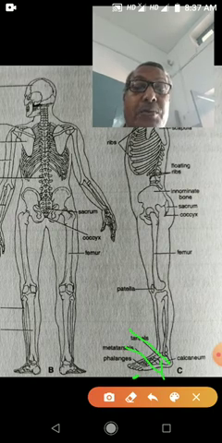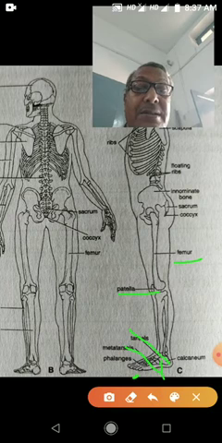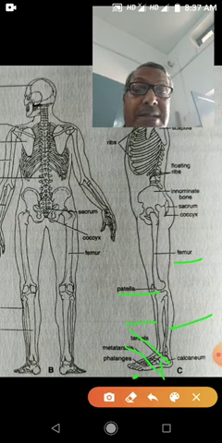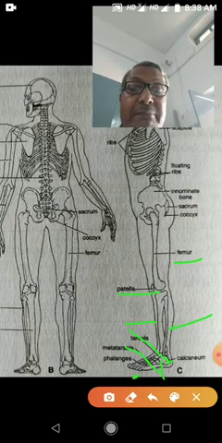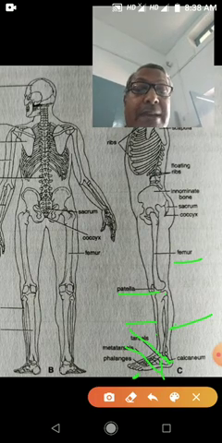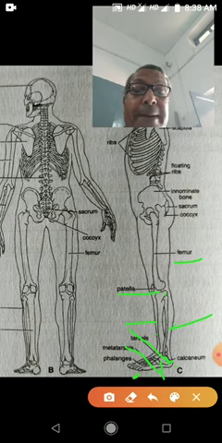So altogether, bones in the hind limb: 1 femur, 1 patella, 2 bones tibia and fibula, 7 tarsals, 5 metatarsals, 14 phalanges.